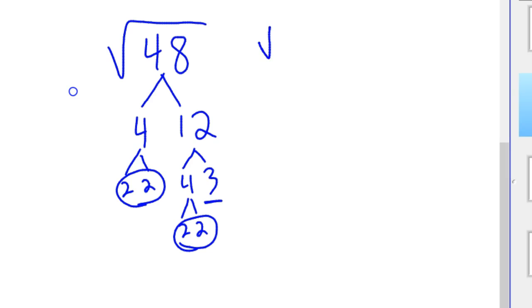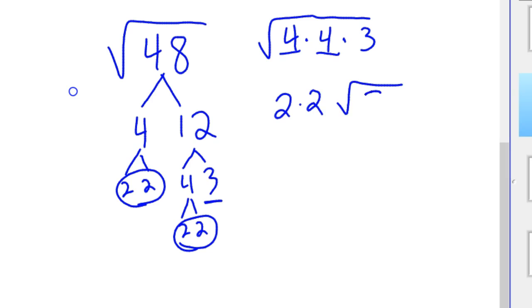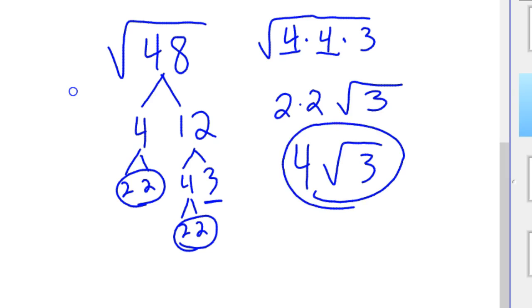So what we have really is the square root of 4 times the square root of 4 times 3. Well, we know the square root of 4 is 2. The square root of 4 is 2. The square root of 3 stays irrational, so the answer is 4 root 3. Okay, so that's the square root of 48.